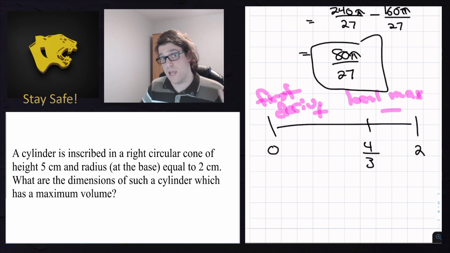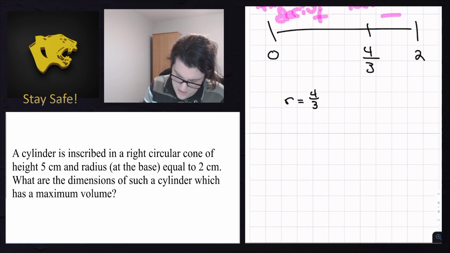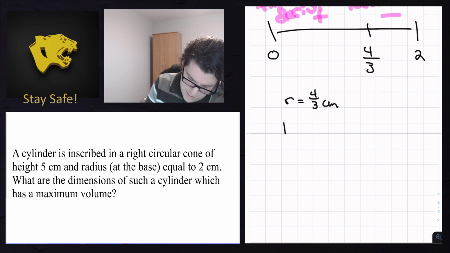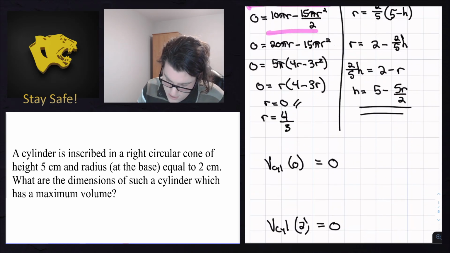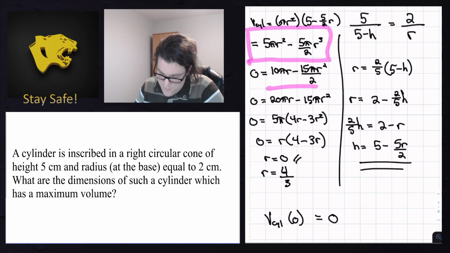Now, if I had read the question properly, it doesn't actually ask me to find the maximum volume. It asks me to find the dimensions, which we found the dimension for the radius would be 4/3, and that would be in centimeters. And then we would find out what the height was. I'll back up to where we came up with that equation for the height, which is 5 minus 5 halves r.